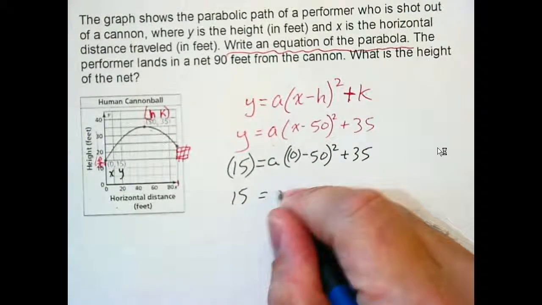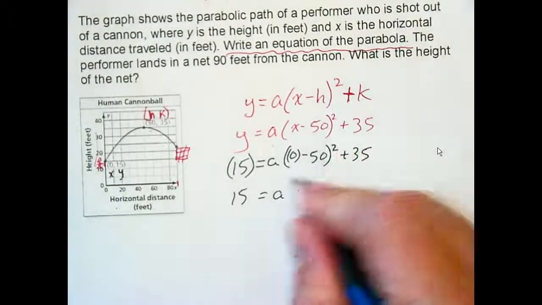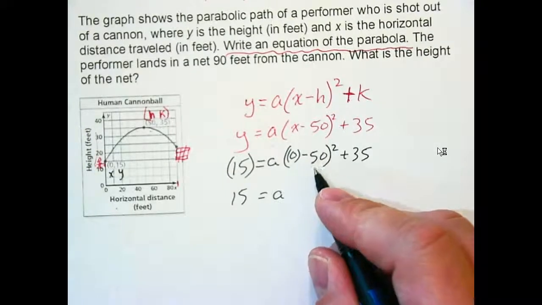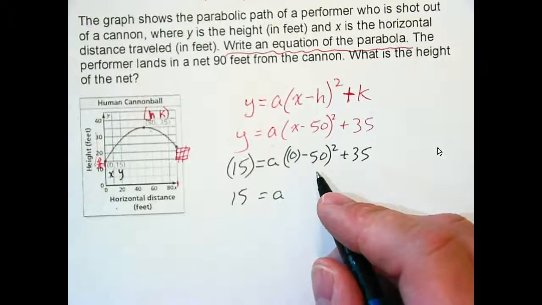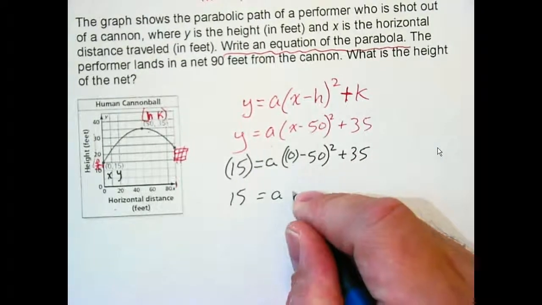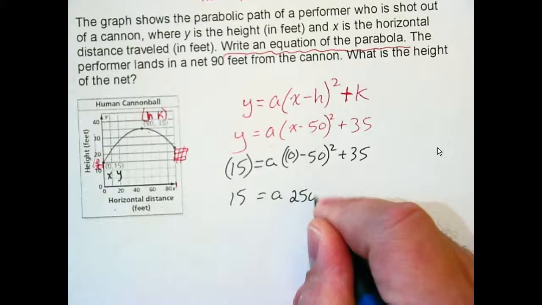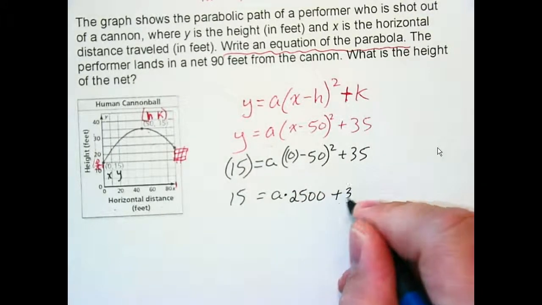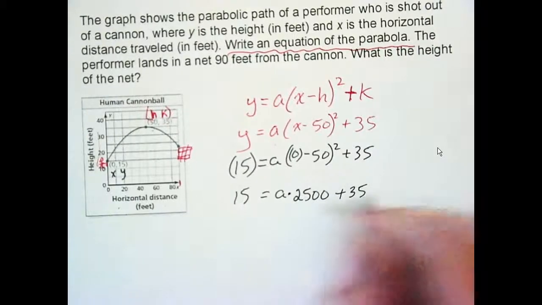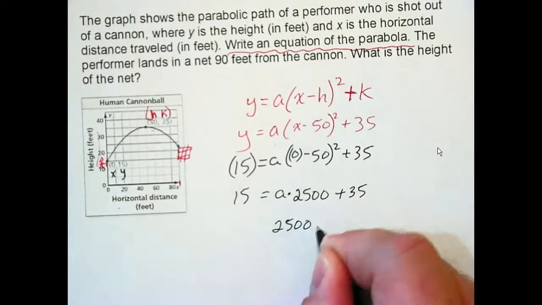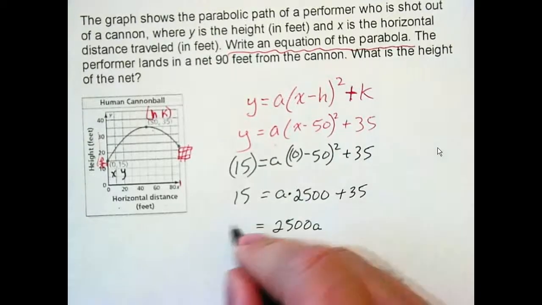Okay. What does that make here? Do not use your calculators. My goodness. 5 times 5 is? How about positive 2,500? Negative times negative. Okay. Now we'd subtract 35 from both sides. We get 2,500 A's equals negative 20.